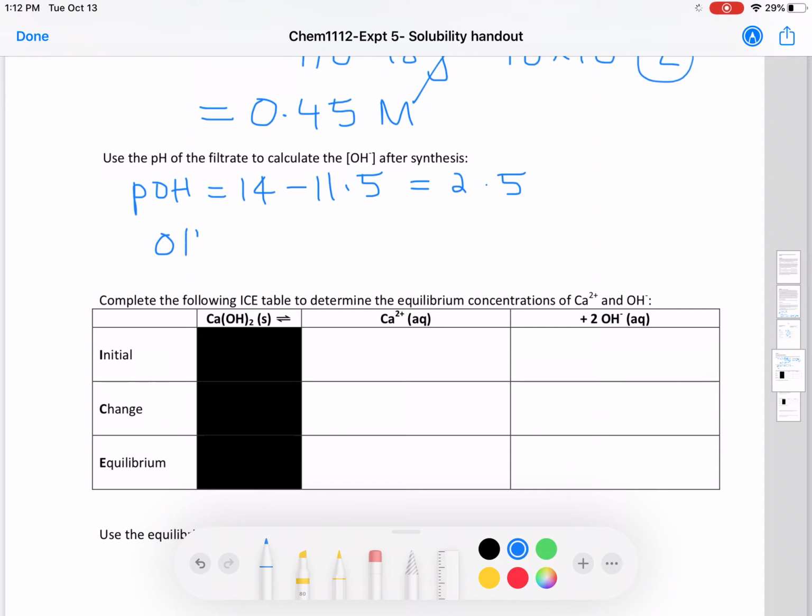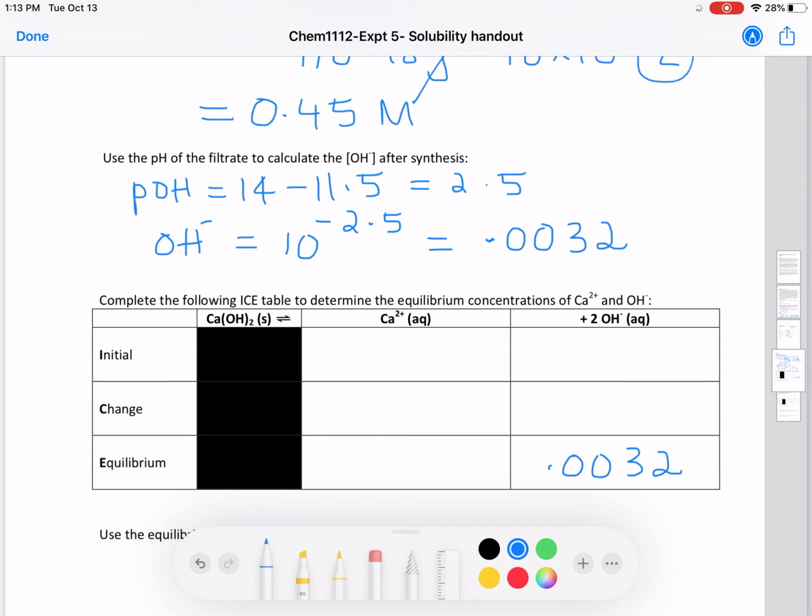So the hydroxide ion concentration would be 10 to the negative 2.5, which gives something like 0.0032. I put it in two significant figures. That is the equilibrium concentration of hydroxide ion, so you can put that here, 0.0032.